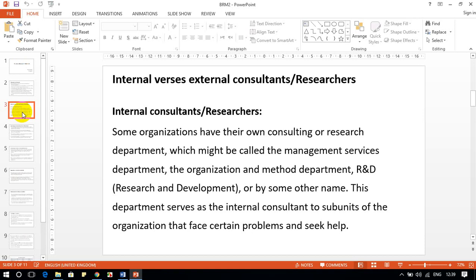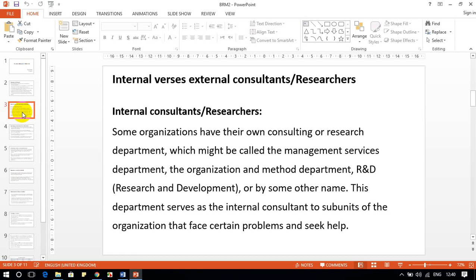So let's talk about the internal consultants for the researchers. Who would be the internal consultant? Some organizations have their own consulting or research department, which might be called the management services department, the organization and methods department, or R&D. If you have heard, in most business organizations there is a department by the name of R&D, which means research and development.